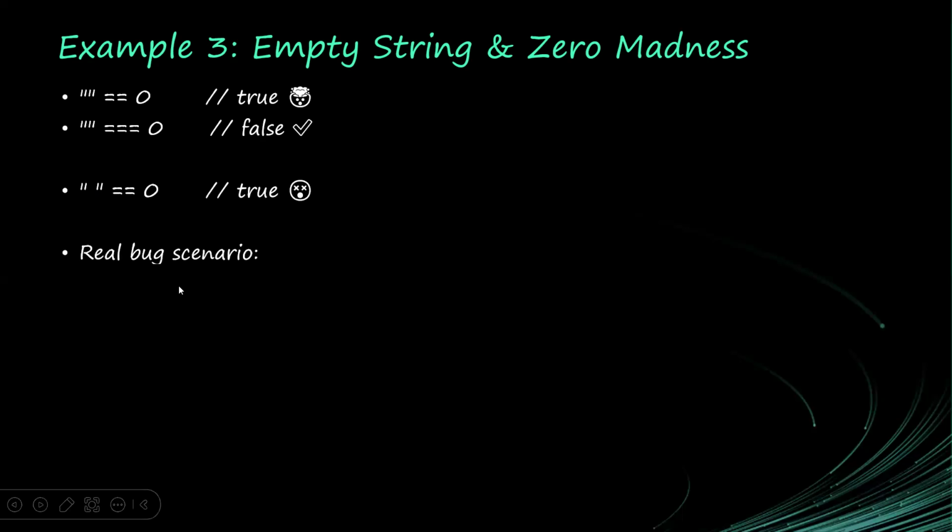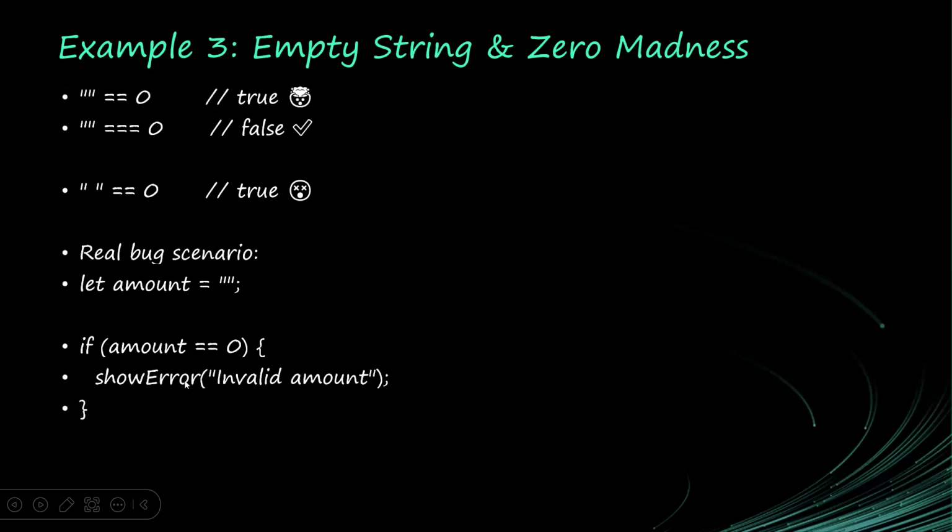This is very dangerous. So the real world scenario is this. If you have something like an empty string and you're comparing it to 0, it will give you true. But it might not be your intended action. It might not be what you predicted. So the bottom line is, when you're working with empty strings and zeros, if you're using the non-strict equality operator, it will always give you true.